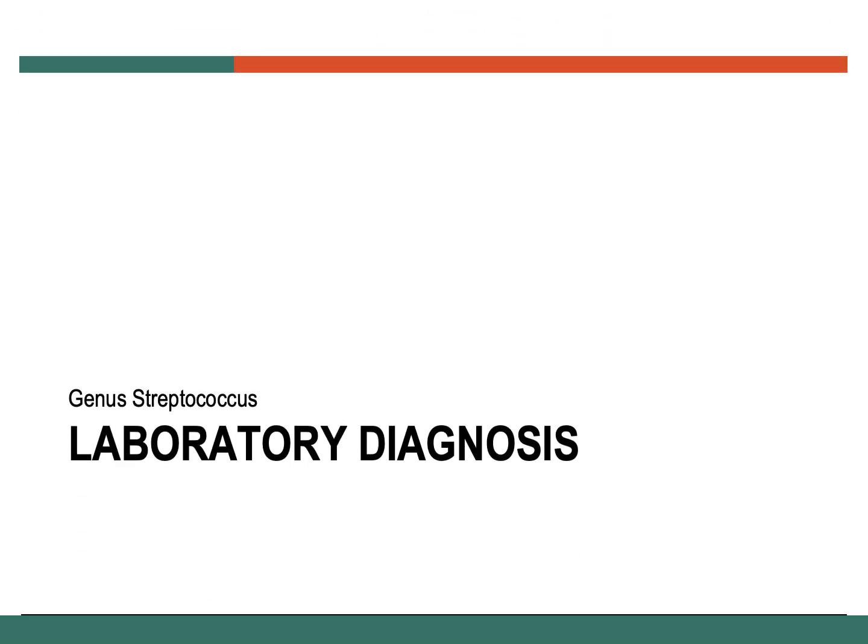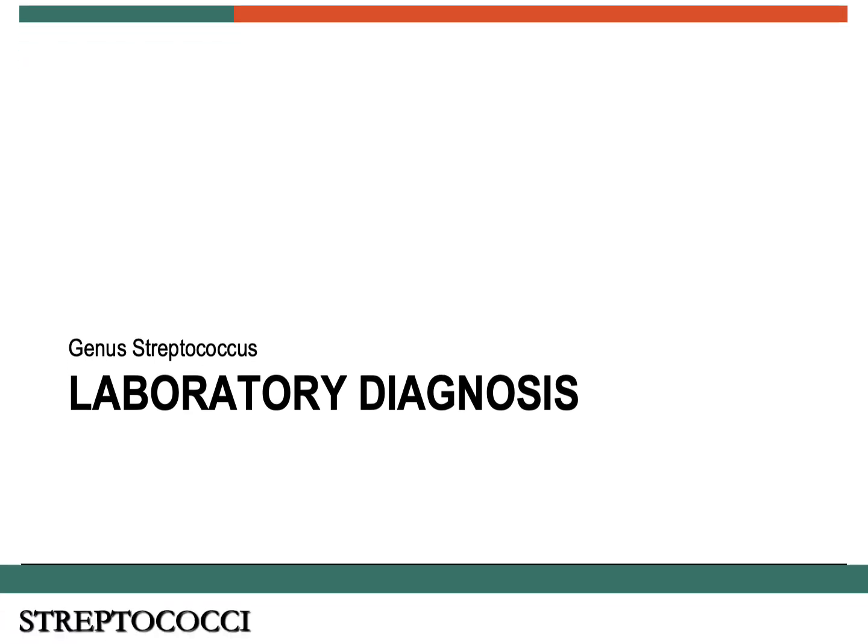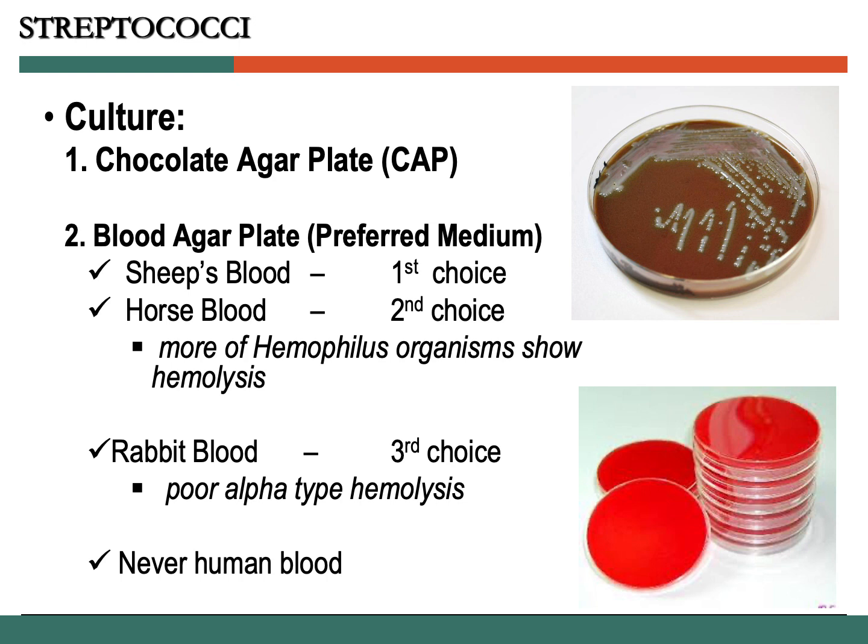So let's discuss in general the laboratory diagnosis of your Streptococcus. You can grow them using chocolate agar plate, and the preferred medium is blood agar plate. The first choice is sheep's blood, while the second choice is horse blood.